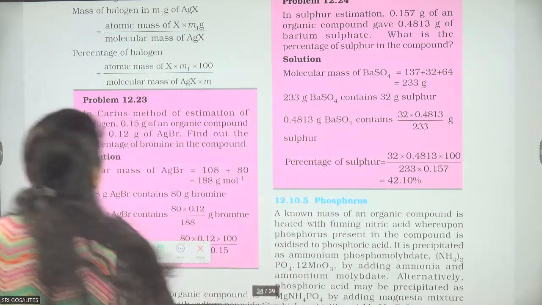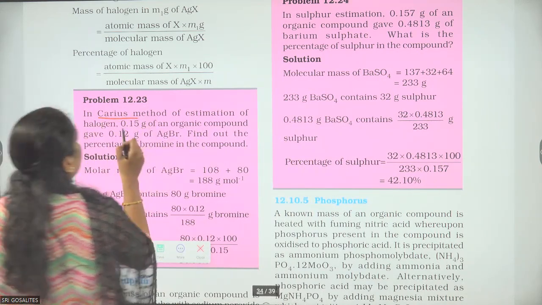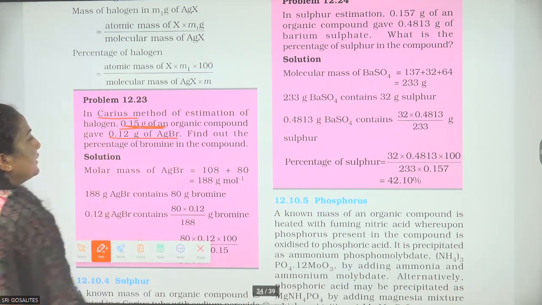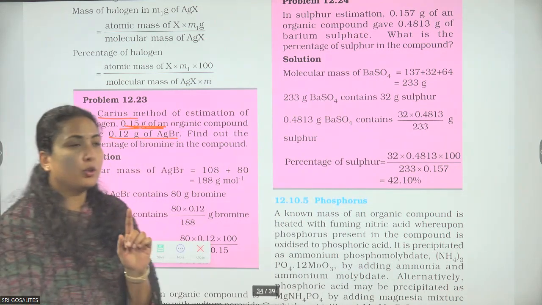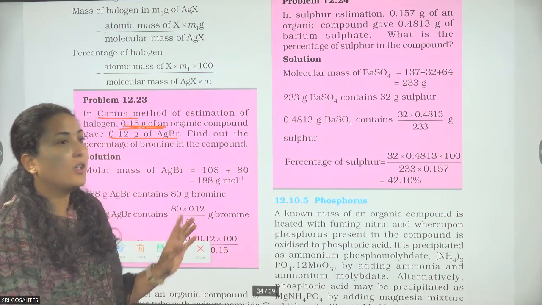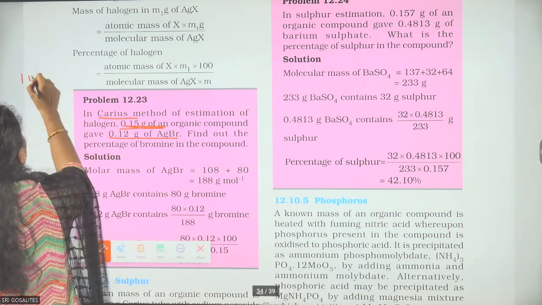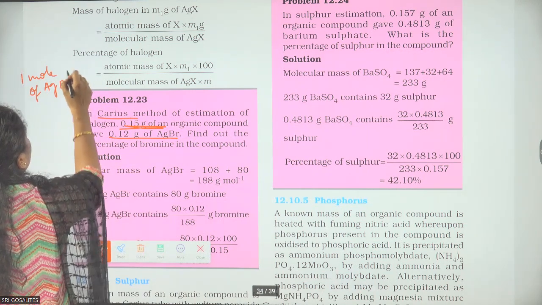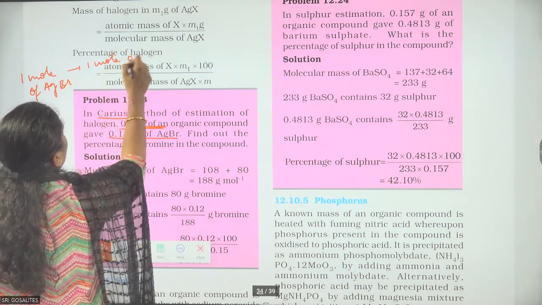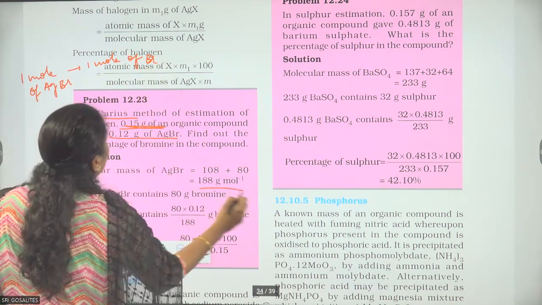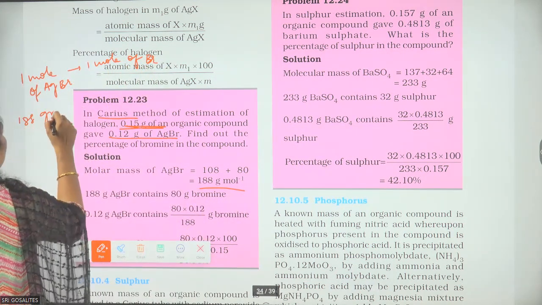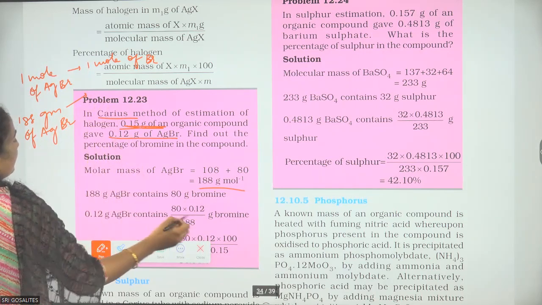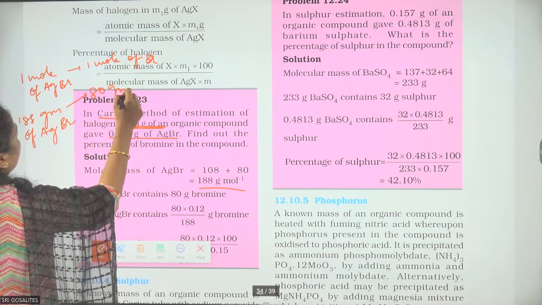Here you are able to see that in the Carius method estimation, 0.15 gram of organic compound gave this much AgBr. Again, just apply the mole analysis. 1 mole of AgBr contains 1 mole of bromine. 1 mole of AgBr means 188 gram of AgBr, which corresponds to 80 gram of bromine.